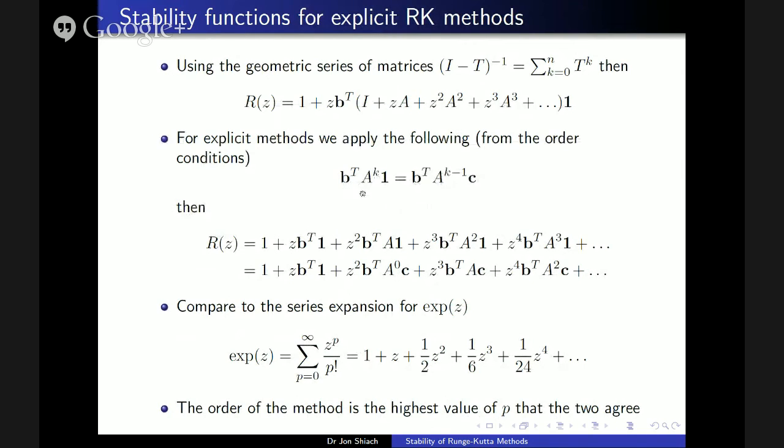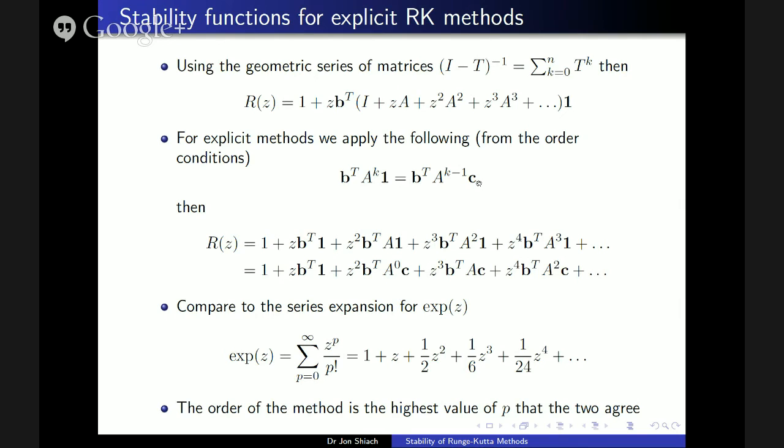Then we can substitute this order condition in. Essentially, what this means is instead of the vector of ones, I can replace that vector of ones by my C vector. Now, the C vector just comes from the left-hand side of your Butcher tableau. That comes from your Runge-Kutta method.